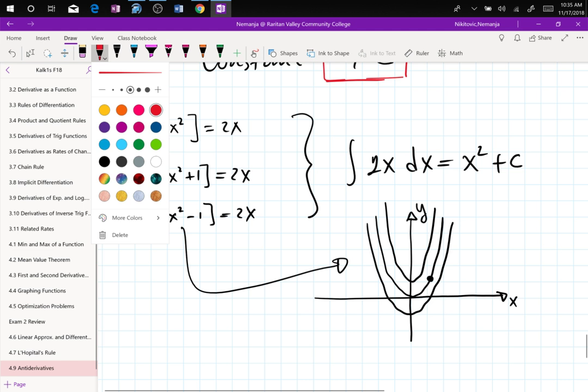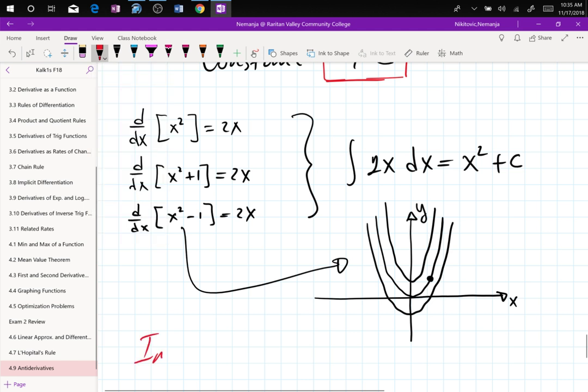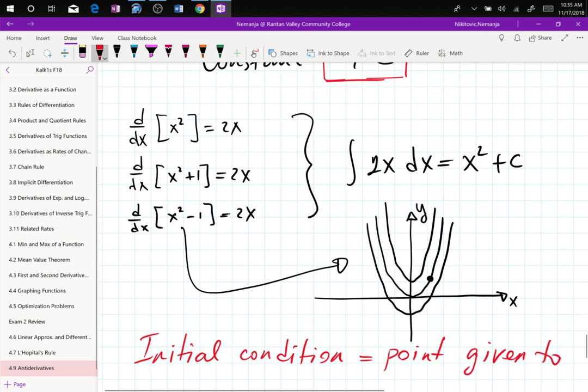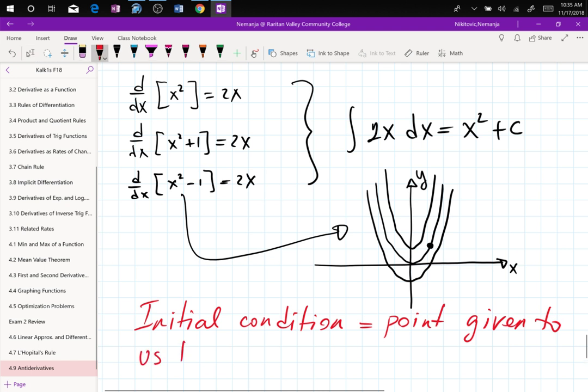So, initial condition: a point given to us to determine the value of c.